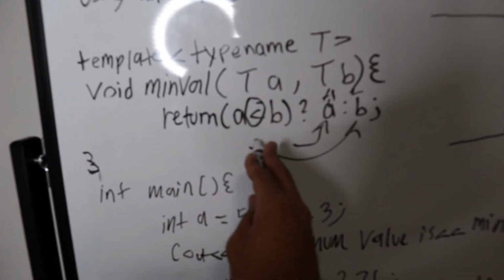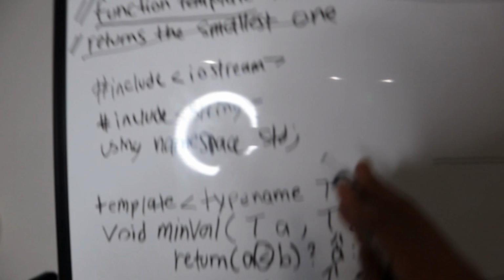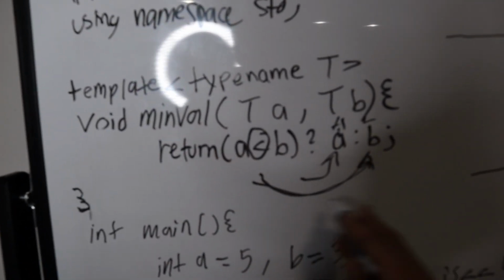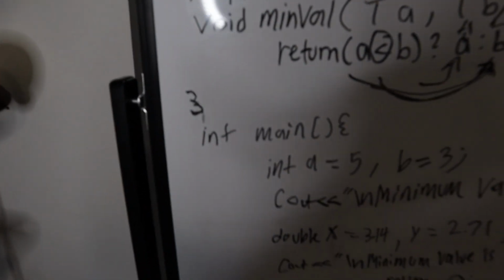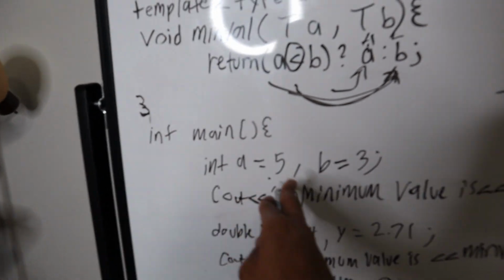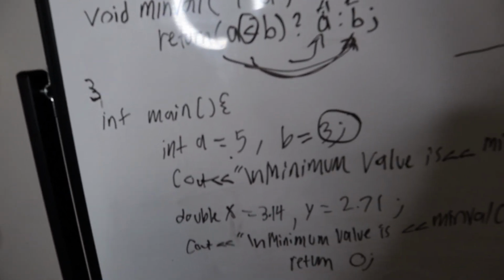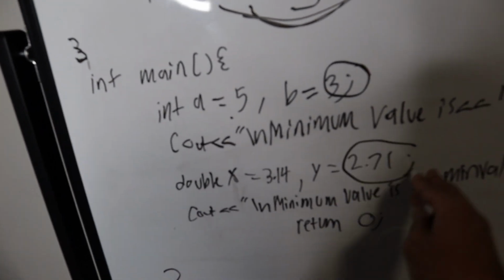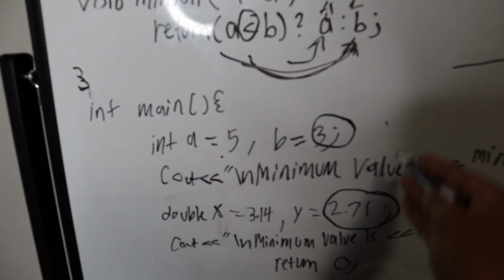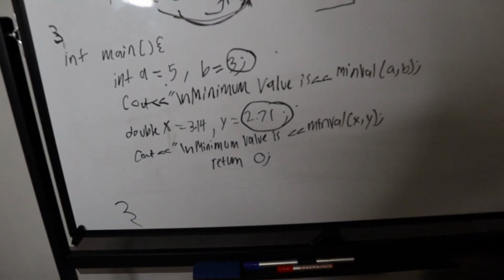The variable that returns the smallest one, so it will return the lowest one. Inside of our main, you see 5 and 3. Which one is the lowest one? 3 is the lowest one out of these two. So it will return that. Actually, I'm not done. I'm going to take you guys to the compiler and actually compile this program.